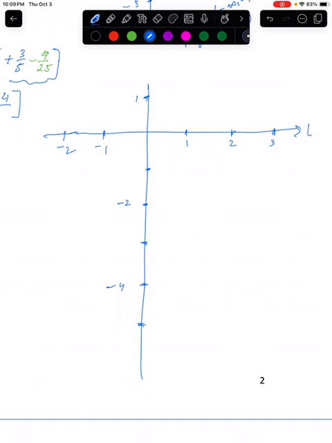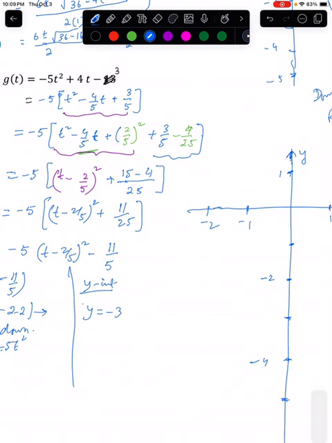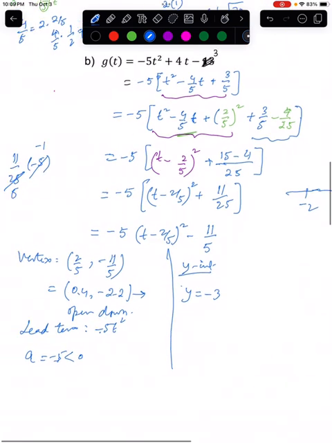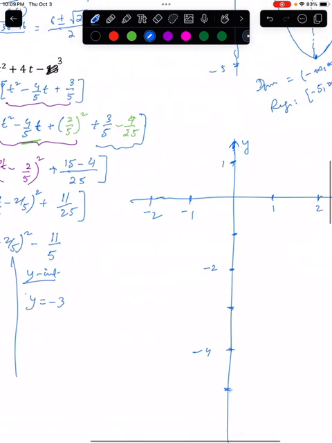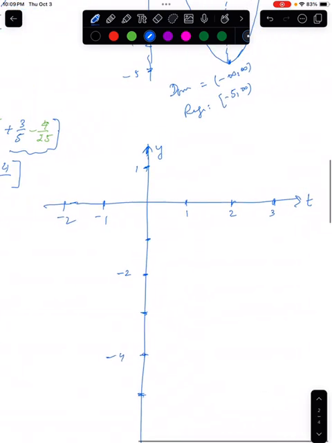So the vertex is 0.4 and negative 2.2. 0.4 is somewhere here. We go down 2.2, somewhere here. This is the vertex, and the y-intercept was negative 3, which makes sense.